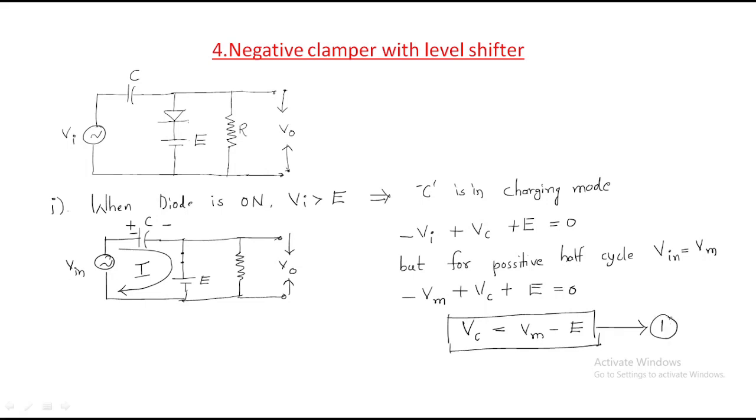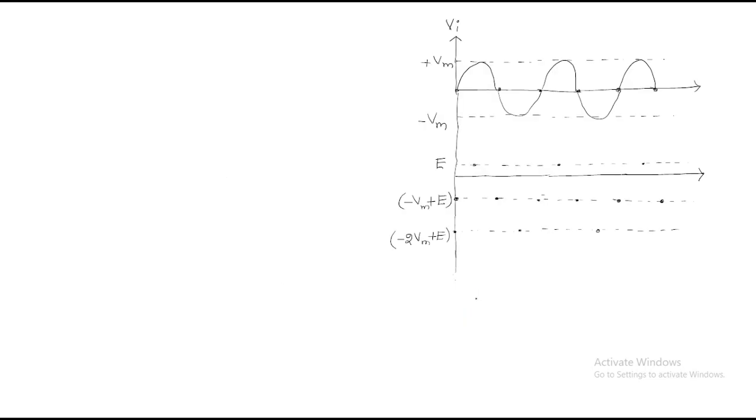By using this formula, when the diode is off, the capacitor will be discharged. At that time we will redraw the waveforms. So look at the second case, case 2, when the diode is off, which means the capacitor is discharging.